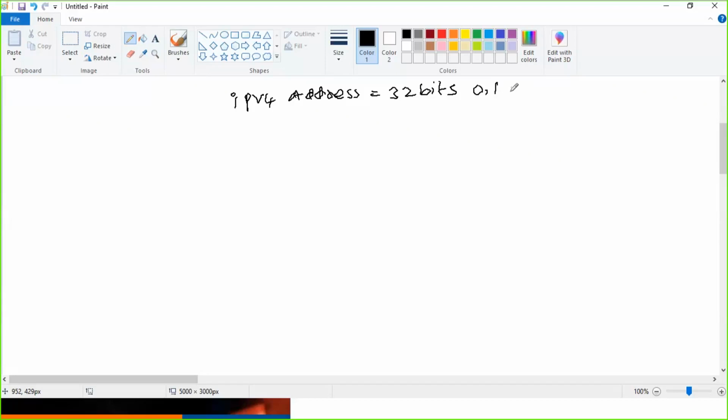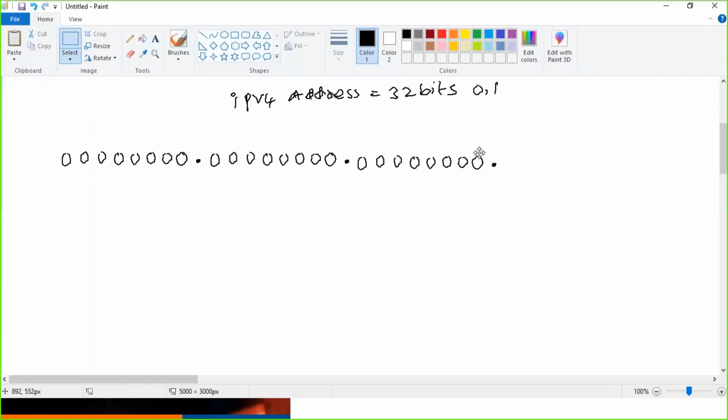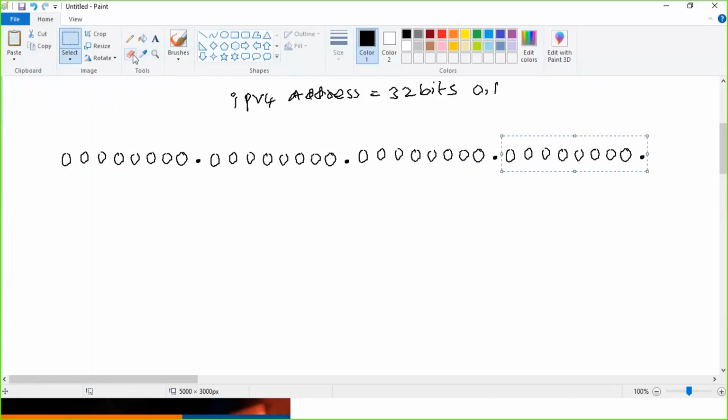So let me write the least. What is the first octet least? 8 zeros. 1, 2, 3, 4, 5, 6, 7, 8. Dot is the first octet least. Correct? Second octet least. Third octet least. Fourth octet least. It's 4 octets. That is the starting combination of an IP address.